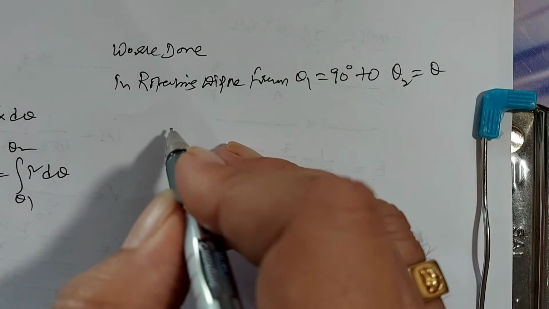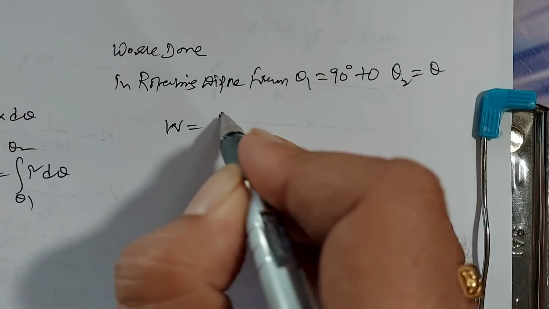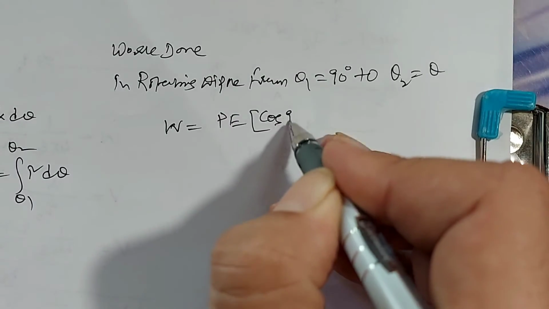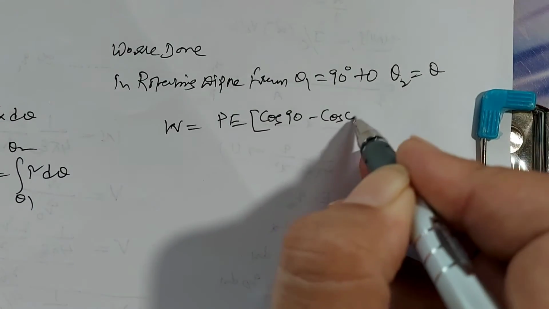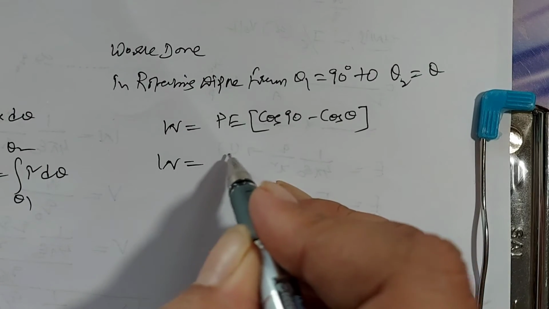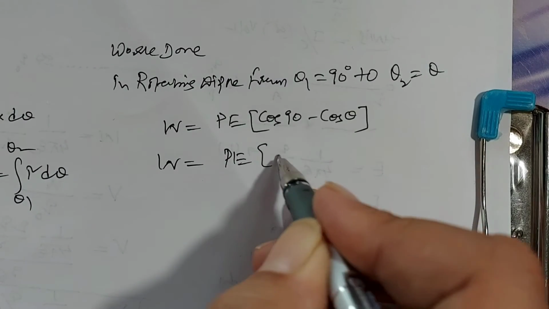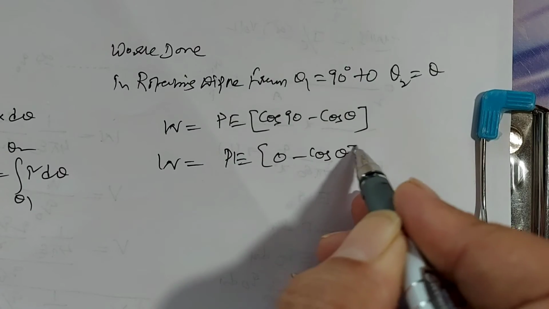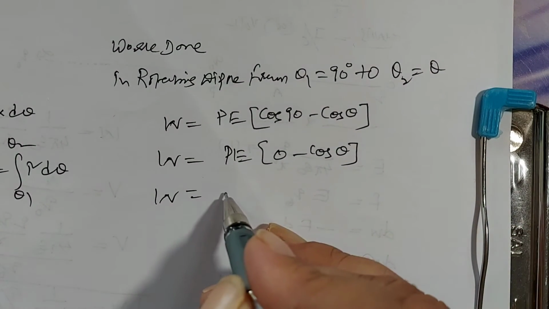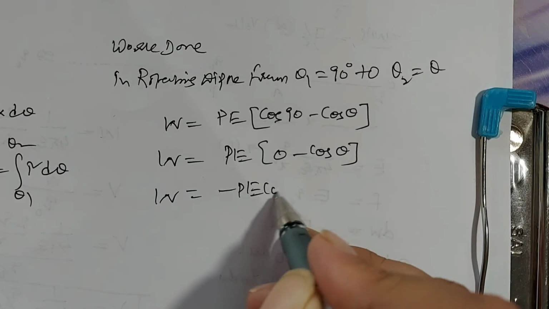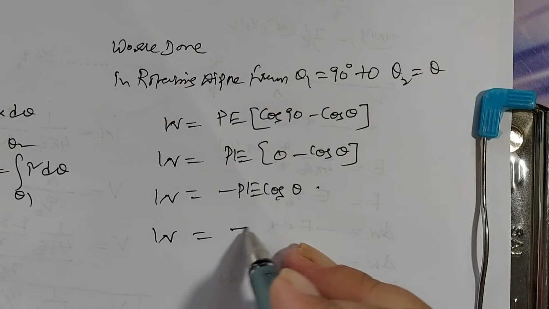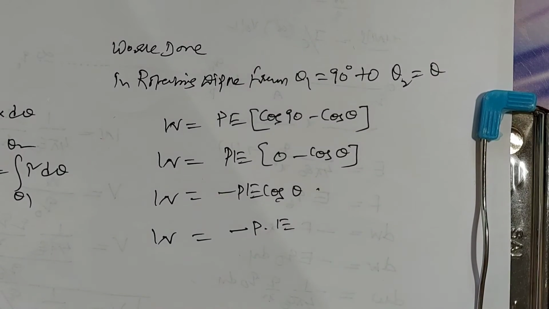W is equal to PE, cos 90 minus cos theta. Cos 90 is 0, so W is equal to minus PE cos theta.